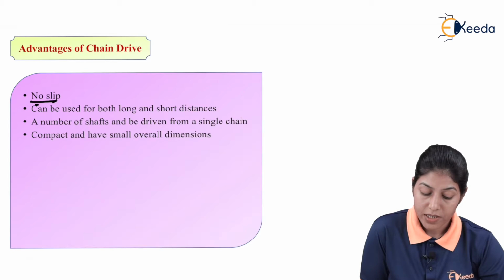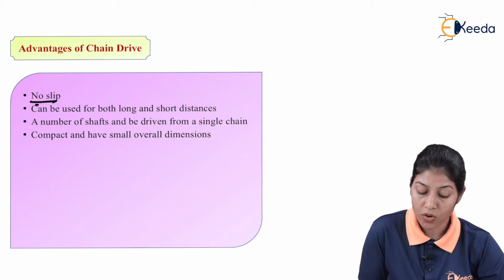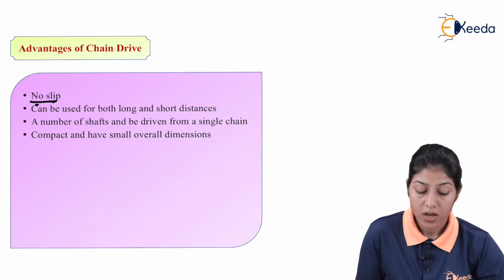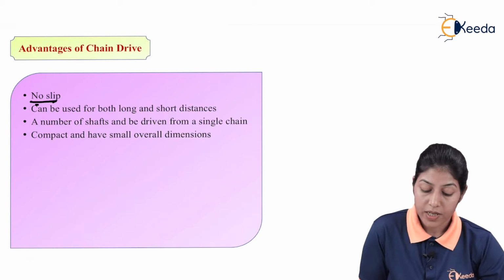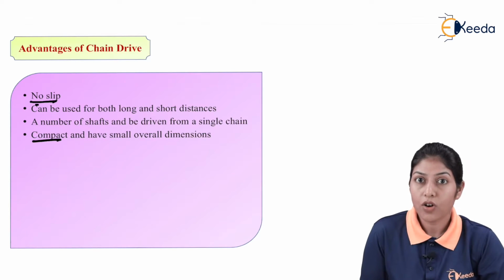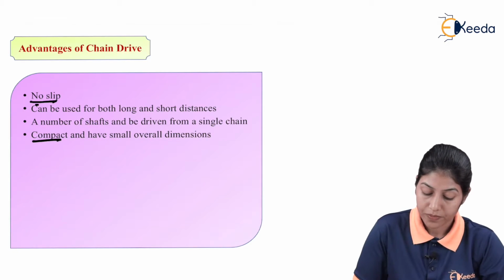Another advantage is that it is compact because of its shape, and it has a small overall dimension compared to belt drive and rope drive. The dimension of the chain drive is smaller and compact in nature.